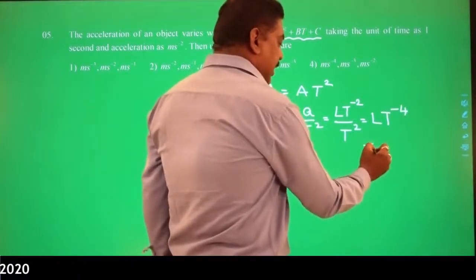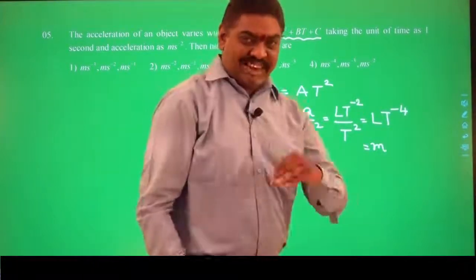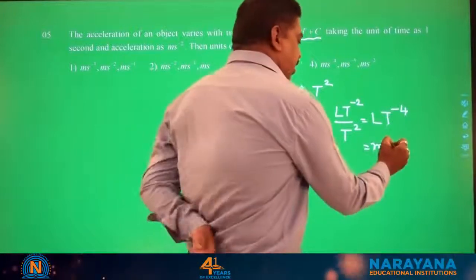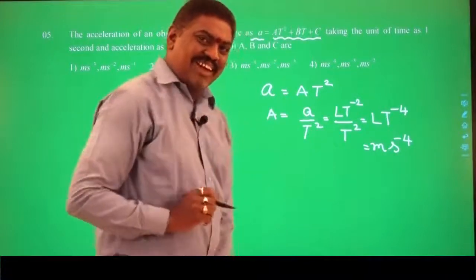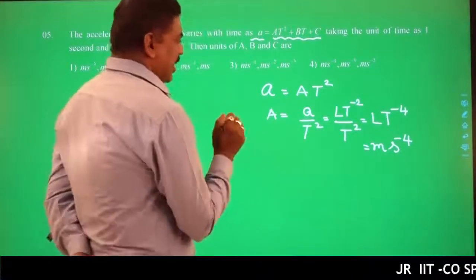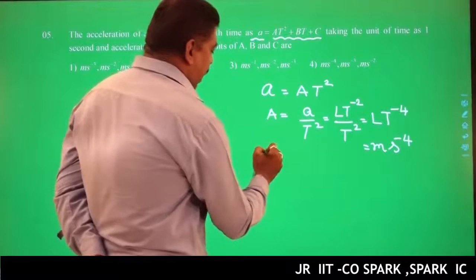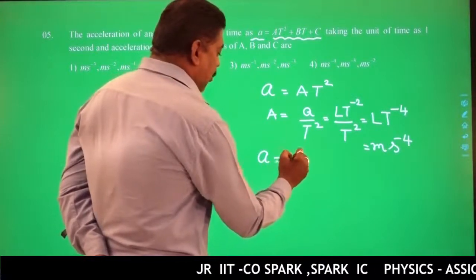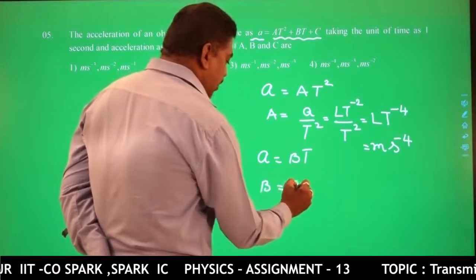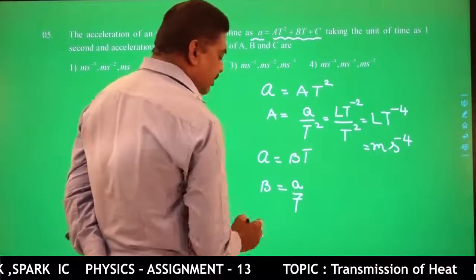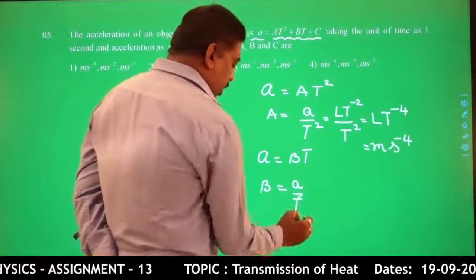L means meter. L is length. Its unit is meter. Time is second. So the unit is m s to the power of minus 4. Is it clear? Okay, fine. Then after that, the next one is a equals B t. Then B is given as a by t. Is it clear?